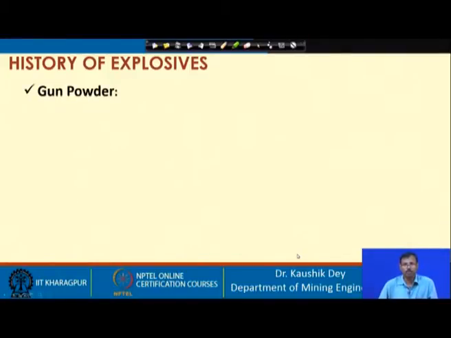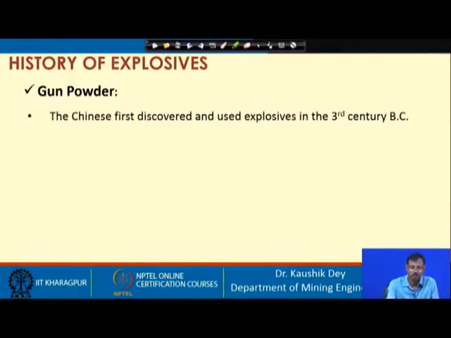Now, let us look into the historical perspective of the explosive. As you know, gunpowder is commonly used in crackers, where we wrap gunpowder in something, provide a flame, and the gunpowder explodes.